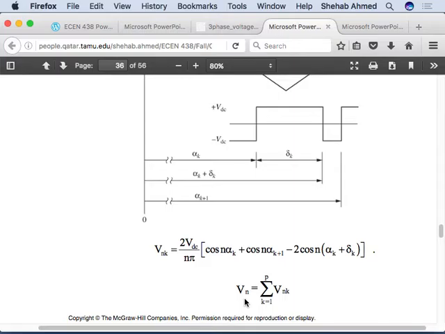Does it make sense or no? I can only get the Fourier series for a periodic waveform, right? This pulse is periodic in every cycle of the fundamental output of this pulse width modulated waveform.